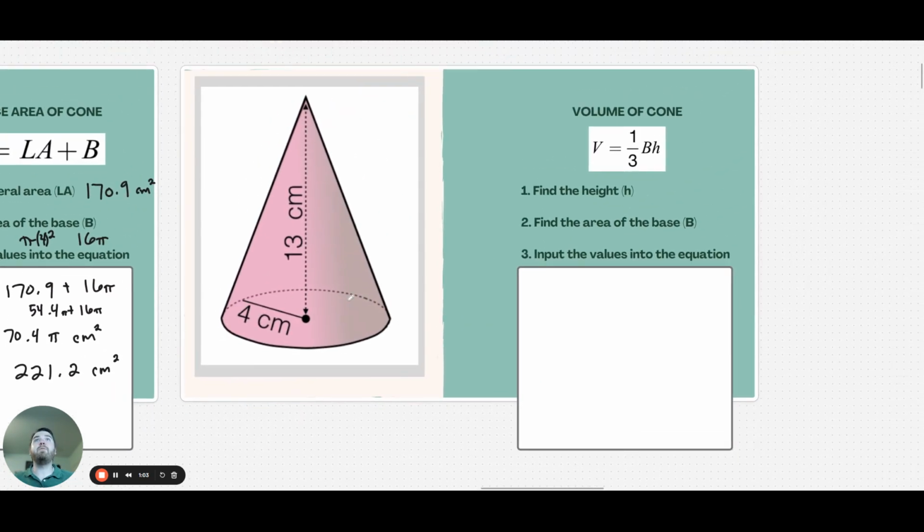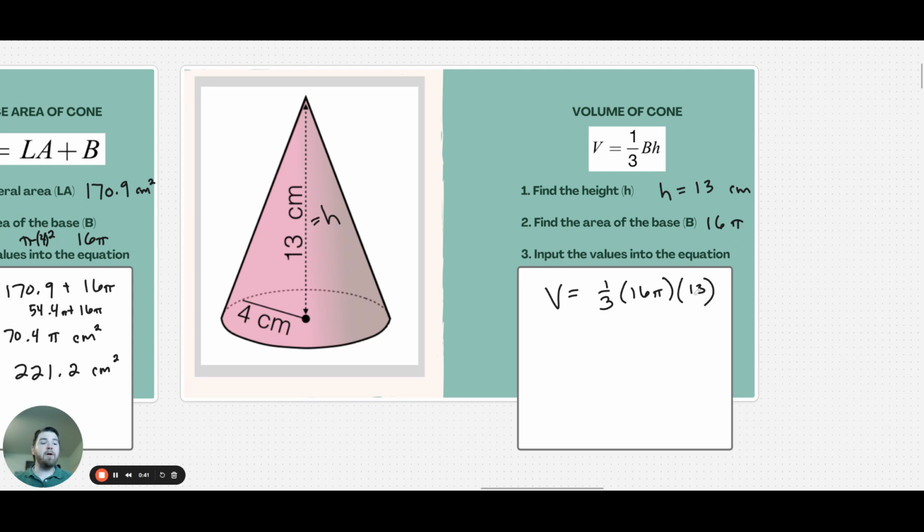All right, lastly, volume of a cone, very similar, but all you're going to do is take the area of the base, which we said was 16 pi, and then the height in this case was that 13. So once we know that it's 13, then we can just plug it into our formula. So it's going to be 1/3 times the area of the base times my height.